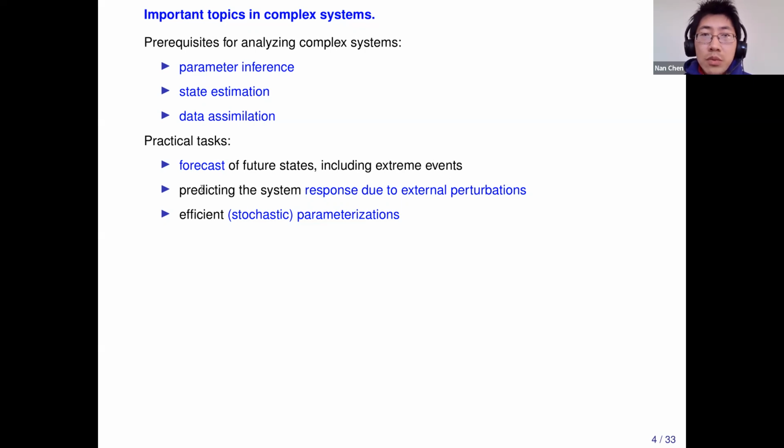We also want to predict or calculate the system's response due to some external or internal perturbations. And when the systems become very complicated, we want efficient stochastic or deterministic parameterizations to make our systems simple and easy to deal with.